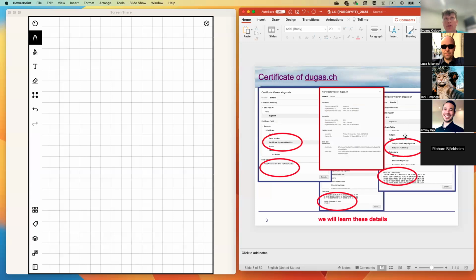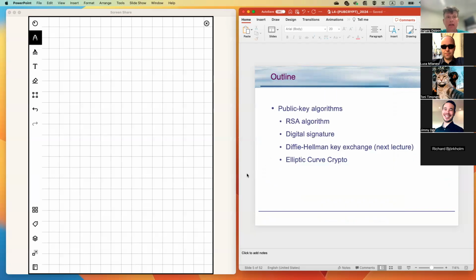And if you go into details of the certificate and you select the public key algorithm and the public key itself, then you will see two numbers. So modulus and an exponent.